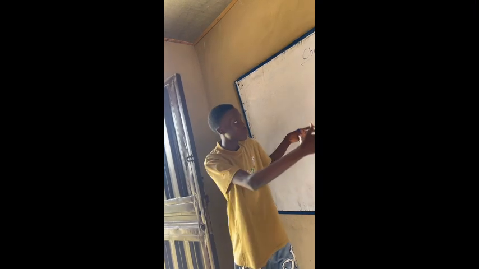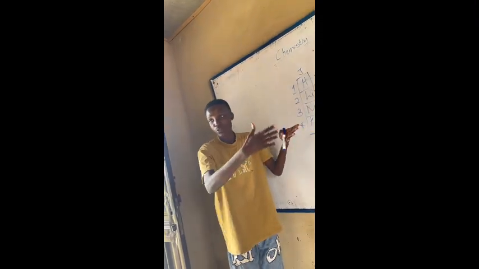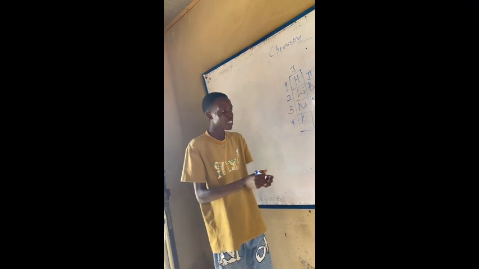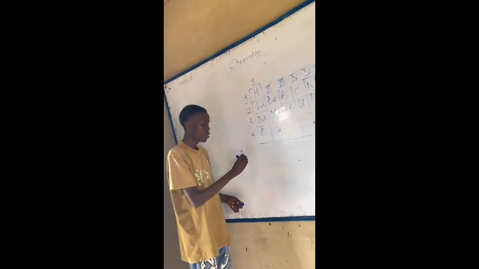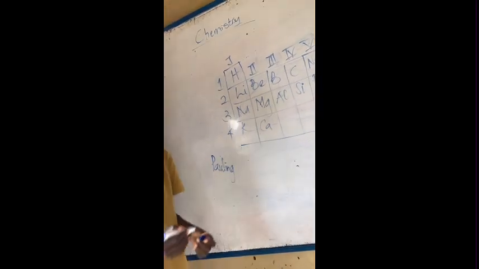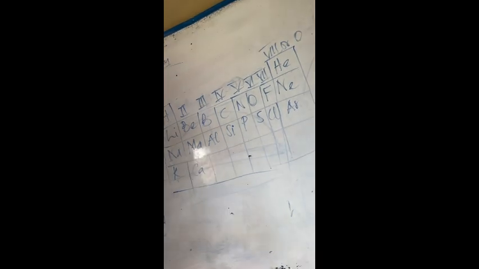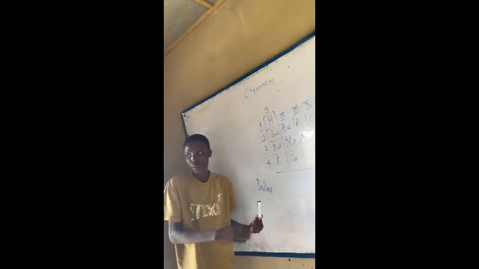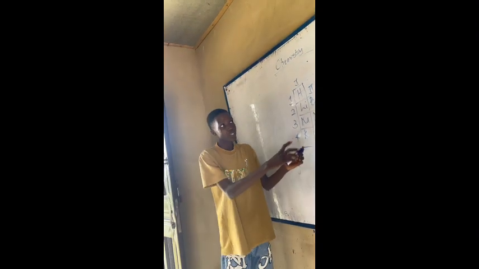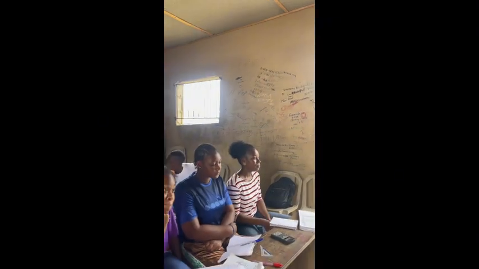So different elements have different electronegativity values. It was Pauling, I think that's his name. Pauling was the one that gave the electronegativity scale. He gave the different electronegativity values. So some elements are more electronegative than others. But on the periodic table, electronegativity increases across the period.